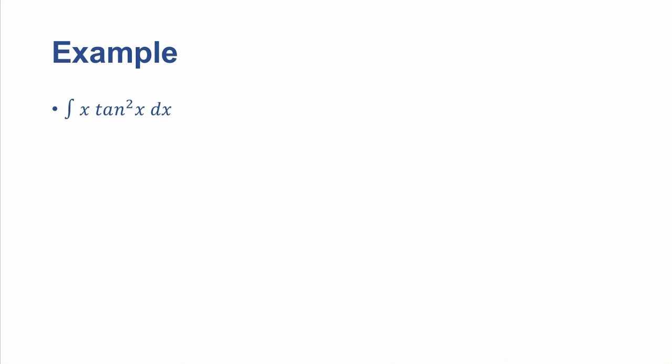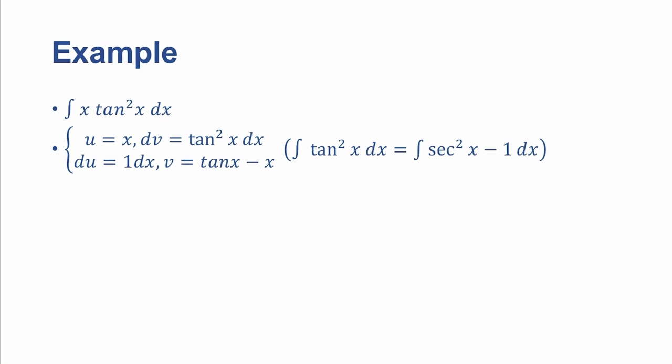So we're going to pick our u and our dv. Obviously, the x should be our u, right? So we get u equals x, du equals 1 dx, dv equals tangent squared of x dx. But oh wait, can we do the integral of tangent squared of x? Well, we can with a little bit of trigonometric footwork.